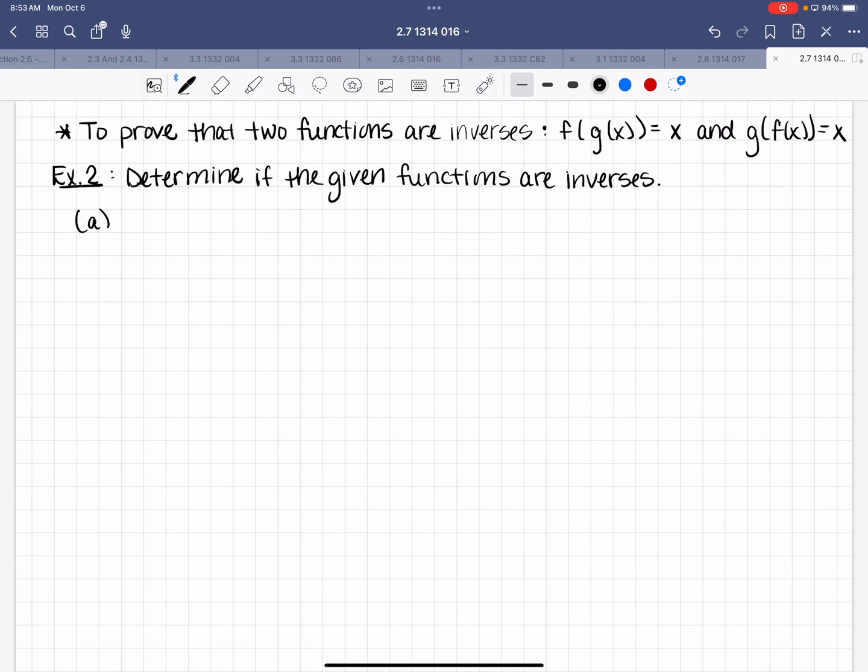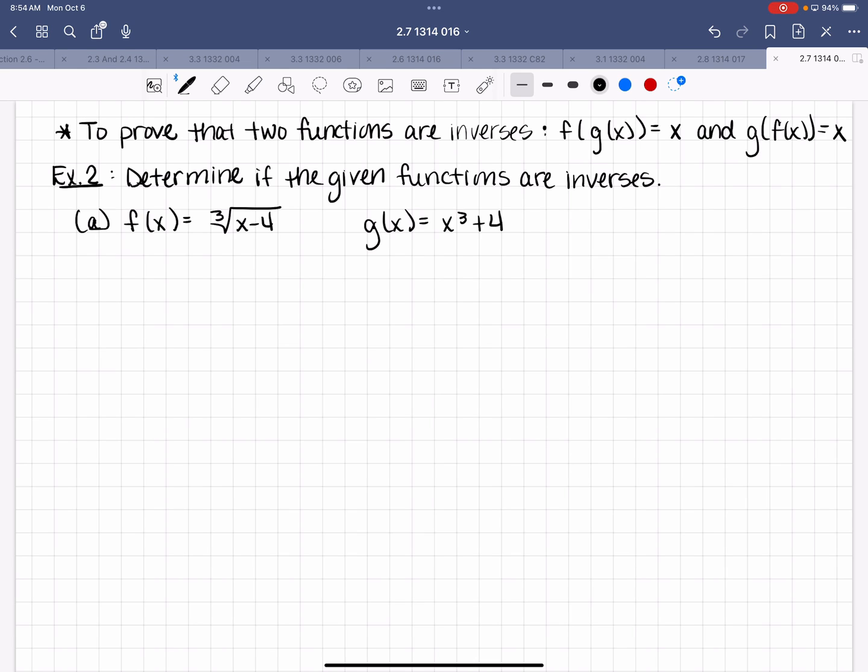A gives me f of x equals the cube root of x minus 4, and g of x equals x cubed plus 4.